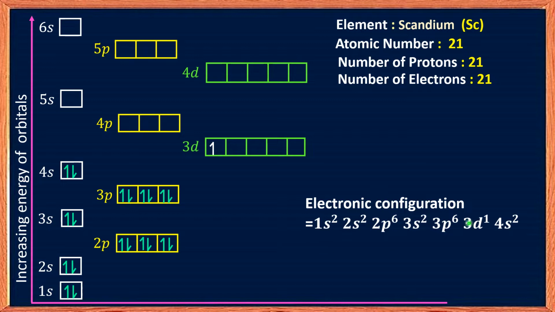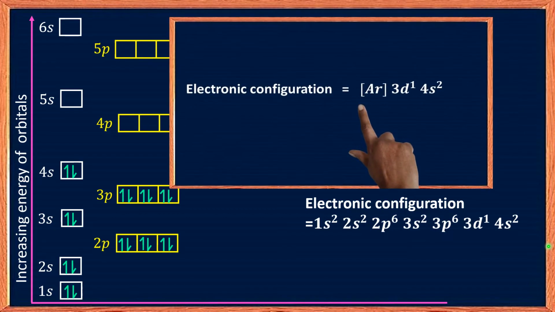This is the electronic configuration of scandium, or in short we can write it as argon 3d1 4s2. That means before this 3d1 4s2, the argon electronic configuration is there, an inert gas element. This is the electronic configuration of scandium.